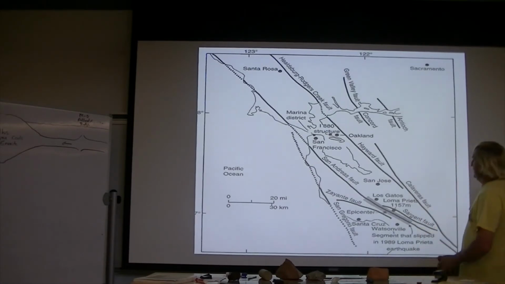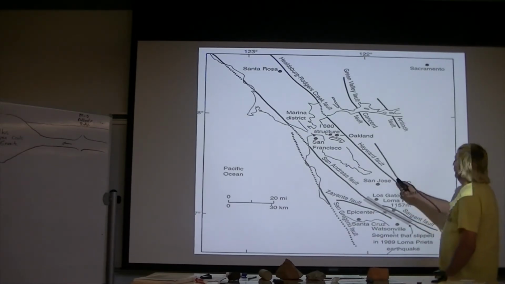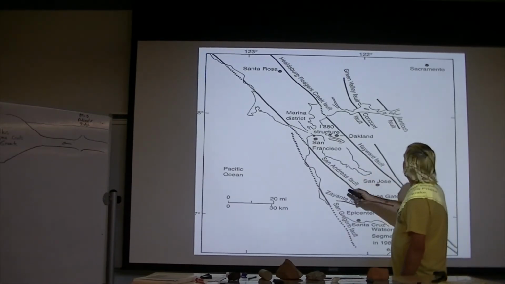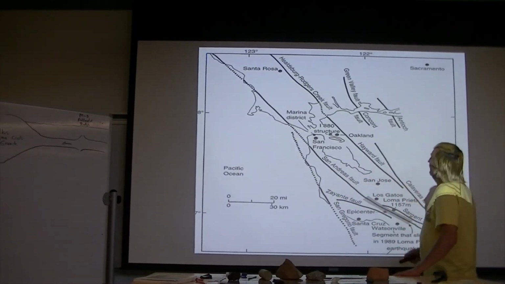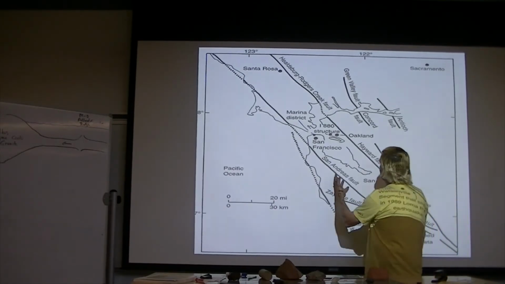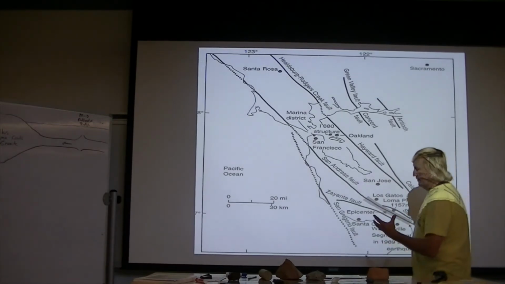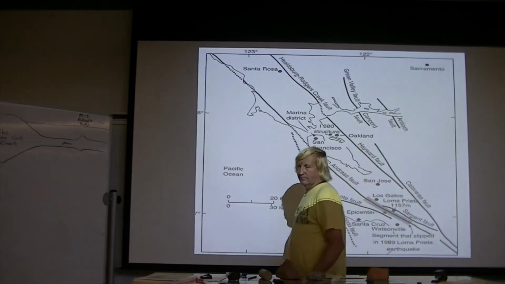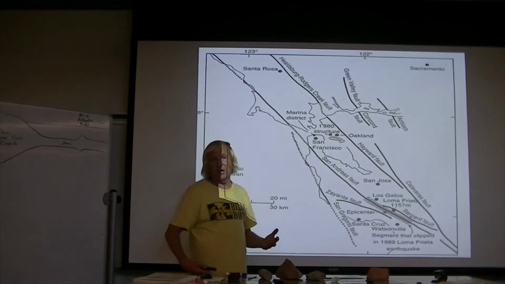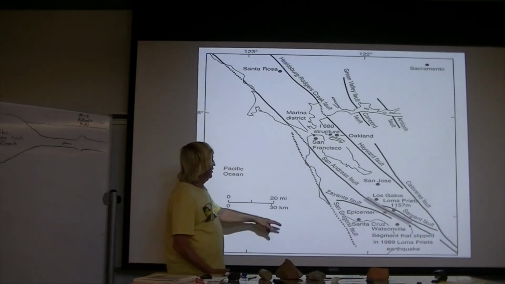So this is actually in the Bay Area. In the Bay Area, you have the Hayward Fault, you have the San Andreas Fault, you have the Green Valley Fault, and any of these faults can basically move and generate an earthquake. So in 1906, when modern society experienced its first major earthquake, it was in San Francisco, and that was along the San Andreas Fault.